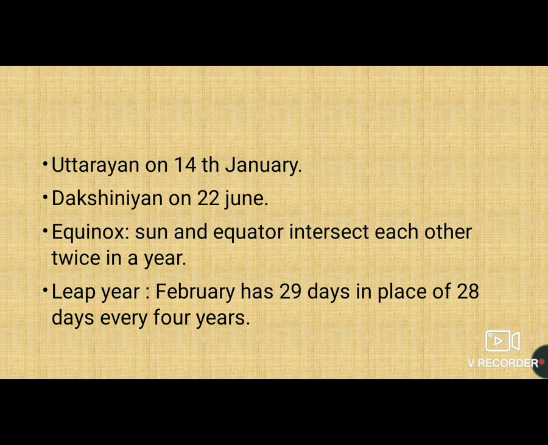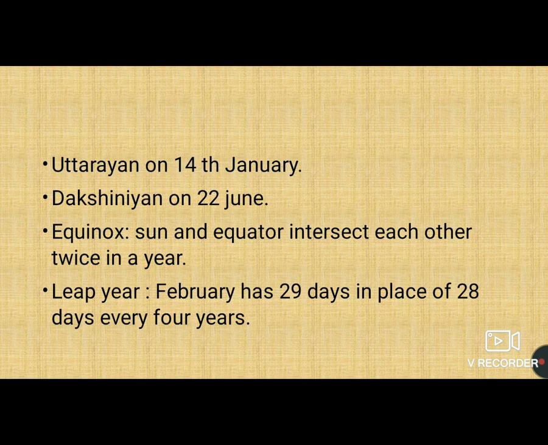Next is equinox. The sun and equator intersect each other twice in a year. This intersection is called an equinox. During equinox, the sun moves towards the northern hemisphere, so from 22nd March the length of days increases and nights become short.